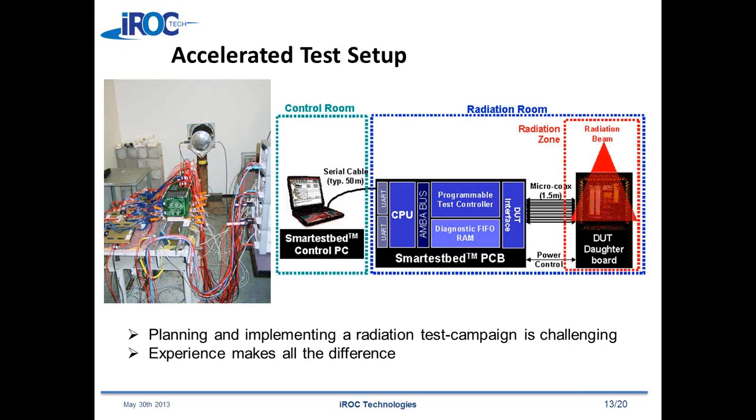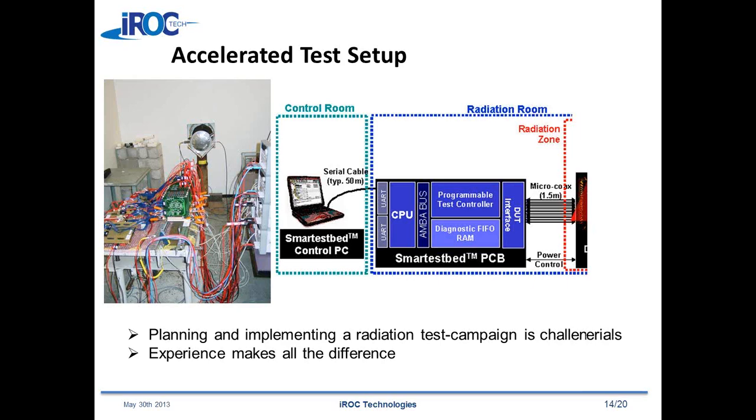We need to provide power to the boards, and we have to log all the results in a very careful way so that afterwards those results can be analyzed and a FIT rate associated with the chip. A lot can go wrong during neutron testing if you haven't planned for it, and that's the kind of experiment where experience makes all the difference.